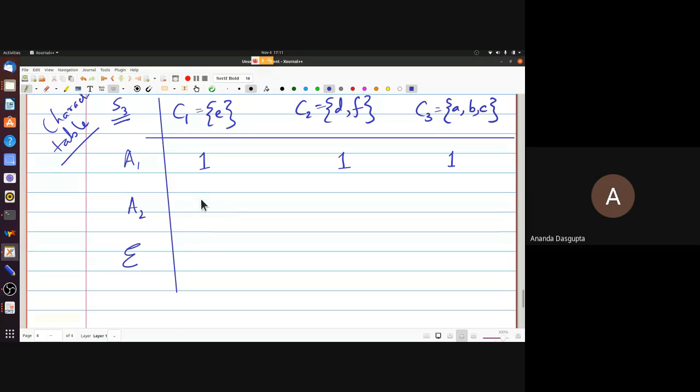What about this column? Can anybody tell me what this column will be like? Remember, this is the characters for the identity class or identity element, because the class only contains one element. What is the character for the identity? We saw this just a while ago.